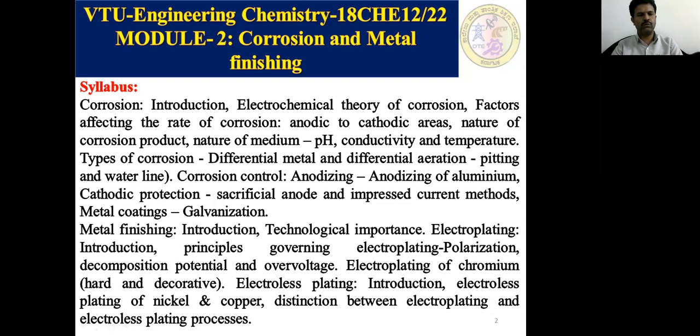It includes both hard and decorative chromium. Electroless plating, in which introduction to electroless plating, electroless plating of nickel and copper, difference between electroplating and electroless plating process. This is about the syllabus for Module 2, that is corrosion and metal finishing.